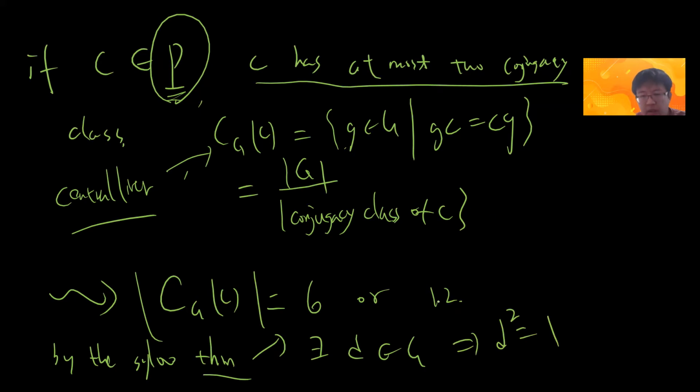And also I know that C is in P, this is an element of P, so C cubed is 1. And D inside the centralizer, so we get CD equals DC. So now we have D squared equals 1, C cubed is 1, and CD equals DC.